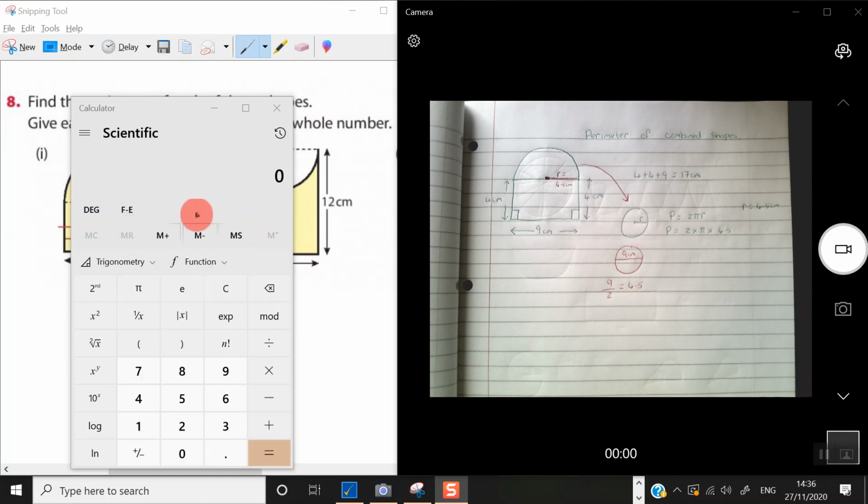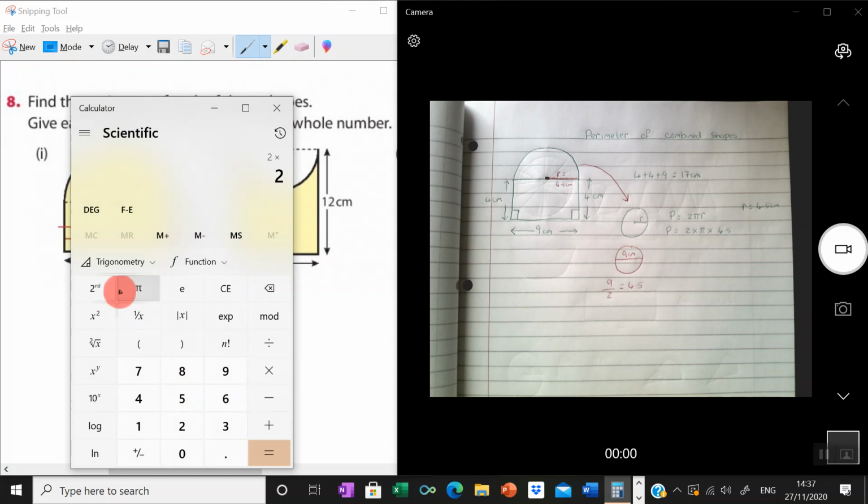So if we pull up our calculator and plug these in, it's 2 multiplied by pi multiplied by 4.5, which is the radius.